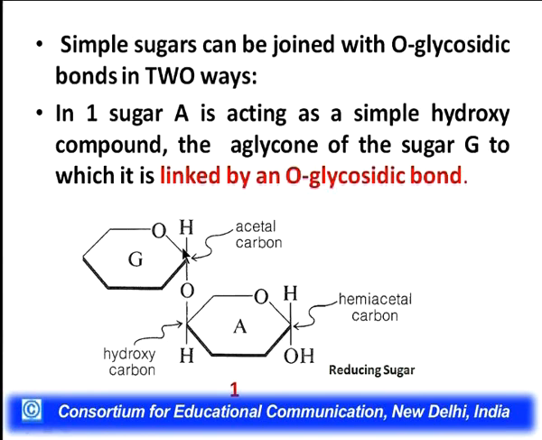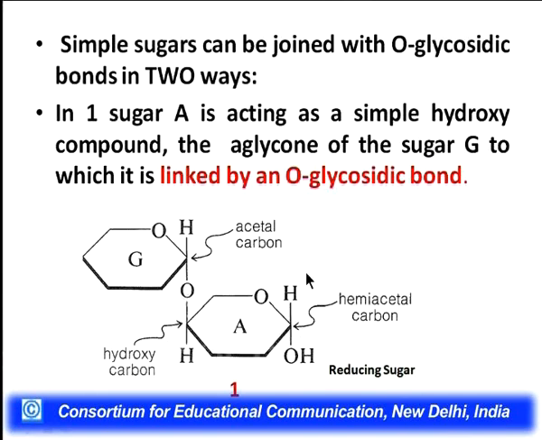So the hemiacetal carbon or hemiacetal OH of the glycon is involved in bond formation, resulting in the formation of a glycosidic bond here, a glycoside. And in the aglycon part, the hemiacetal carbon is free. That is, it is not involved in glycosidic bond formation.